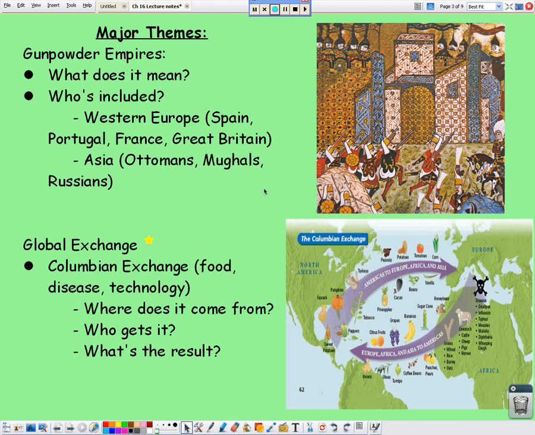And ironically, because of that increased population, what's going to happen? Europeans move to America. It's going to give them even more reasons to come over here and colonize all of this available land, or at least available as they see it. So again, that will be another theme during this 300-year period that we're going to study.